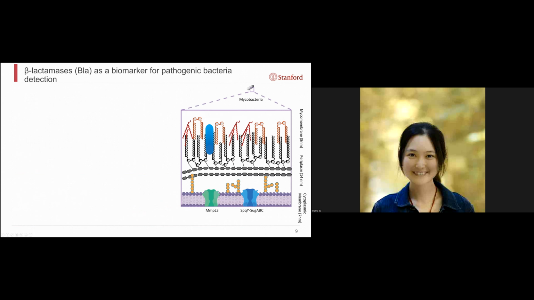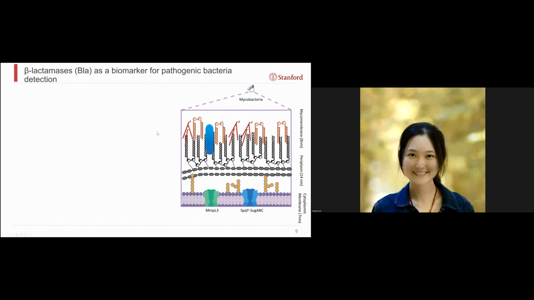So in this case, in order to have the two locks, we need to look for another biomarker. While still looking at the cell wall structure of bacteria, we turned our attention to an enzyme called beta-lactamase. So what does this enzyme do?